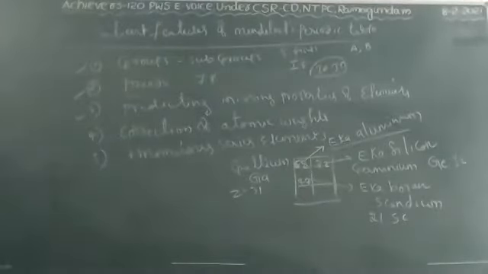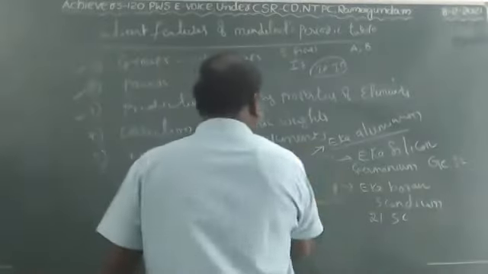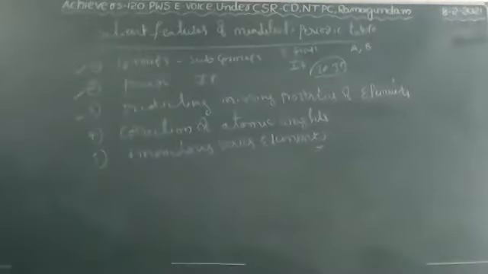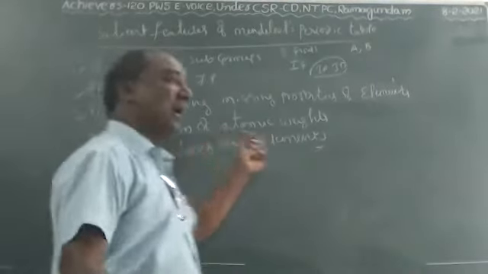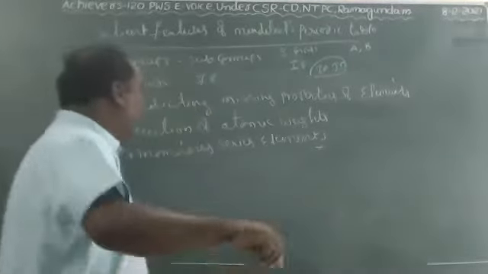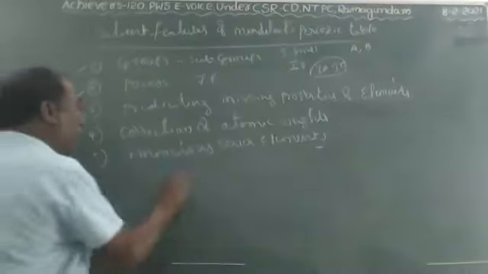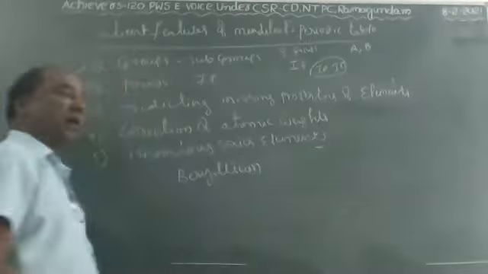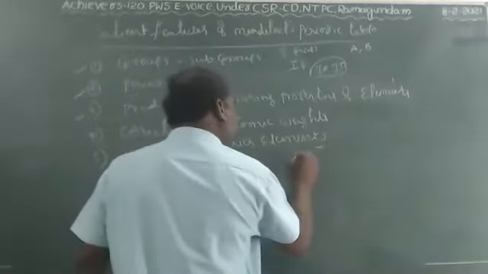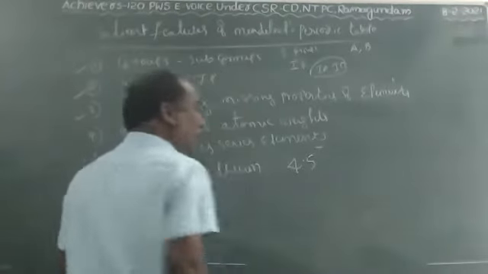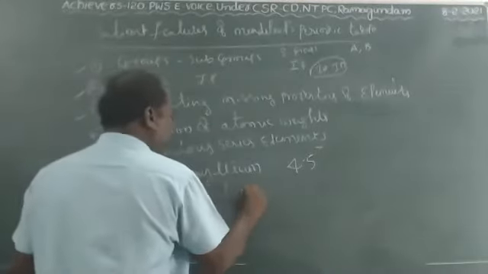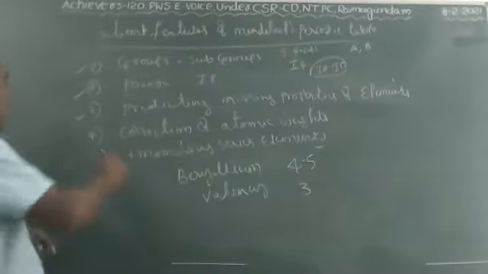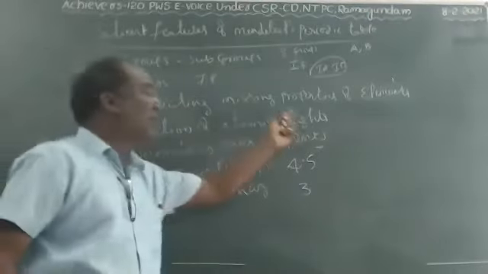And the next one is correction of atomic weights. It is very important. Mendeleev's periodic table helps in the correction of some atomic weights of elements.